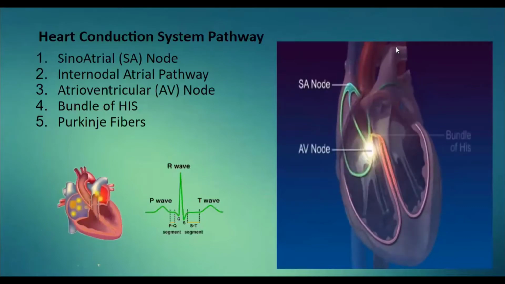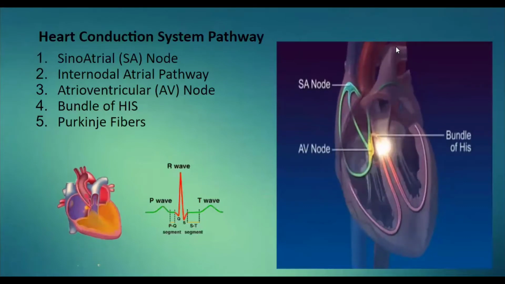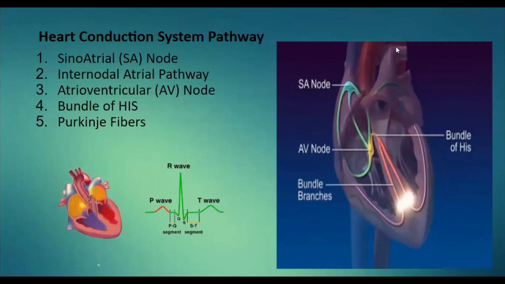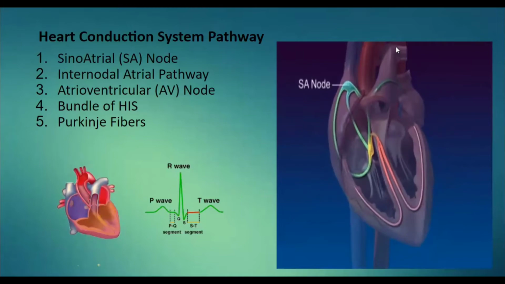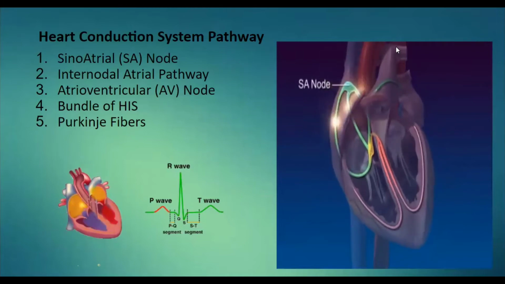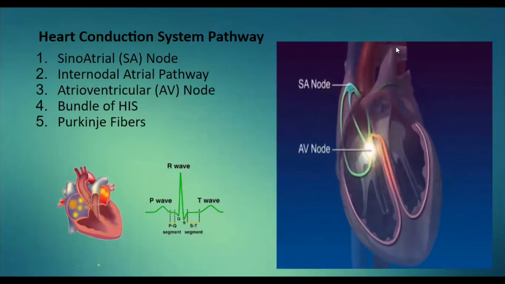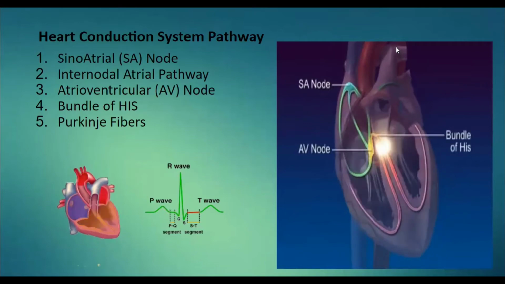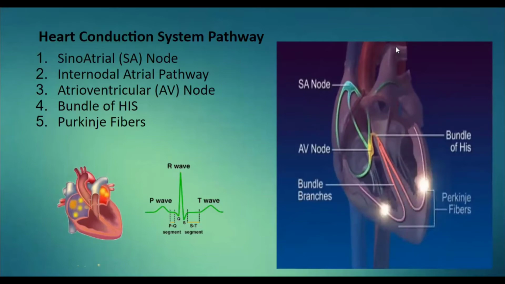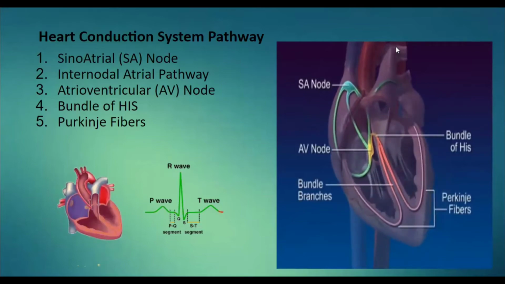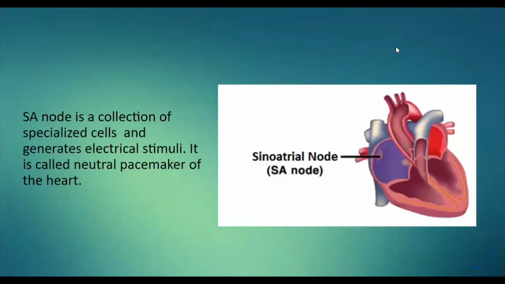And we need to know heart anatomy and physiology to understand pacemaker function well. So I'm going to give brief information about the heart conduction system pathway. It consists of 5 main elements, which are the sinoatrial node, internodal atrial pathway, atrioventricular node, bundle of His, and Purkinje fibers.